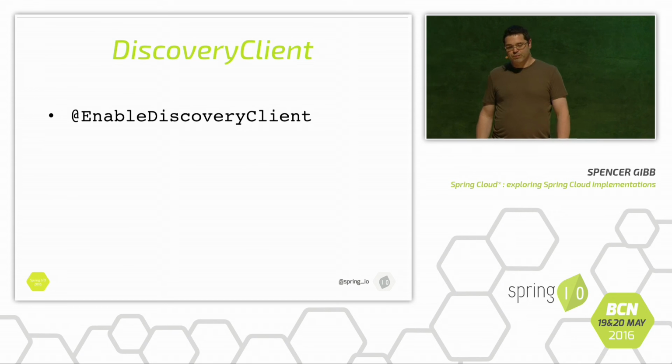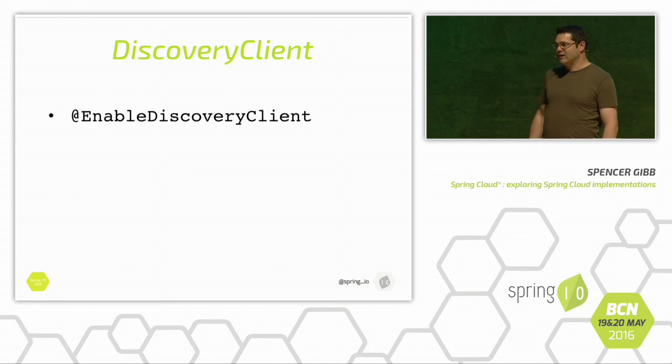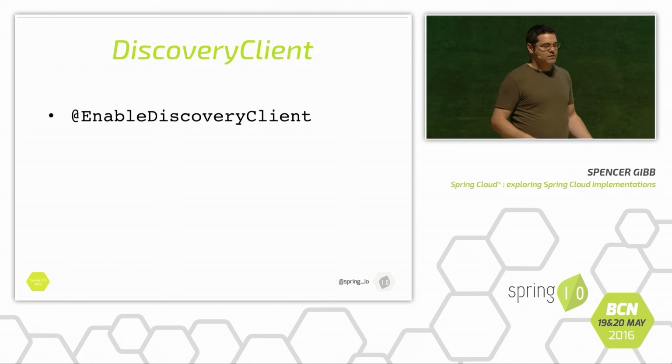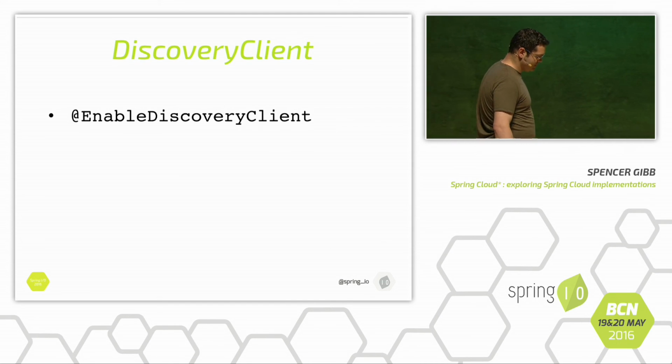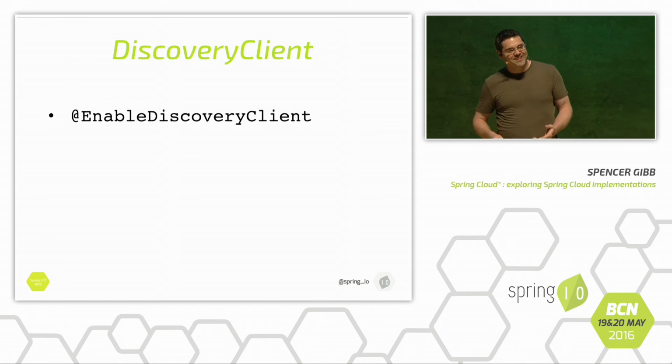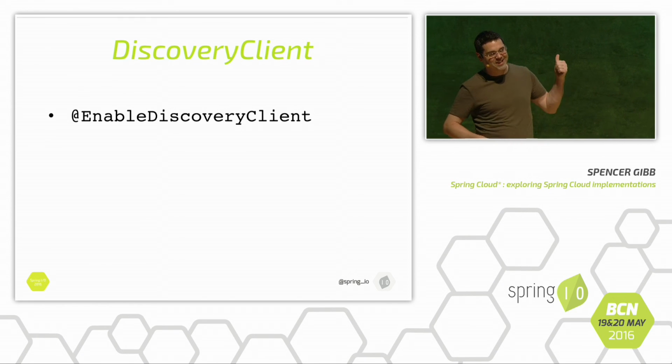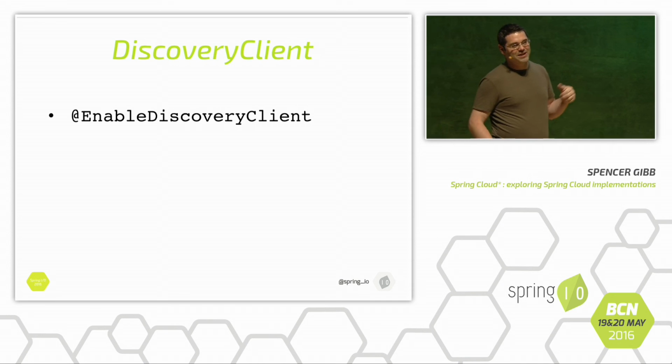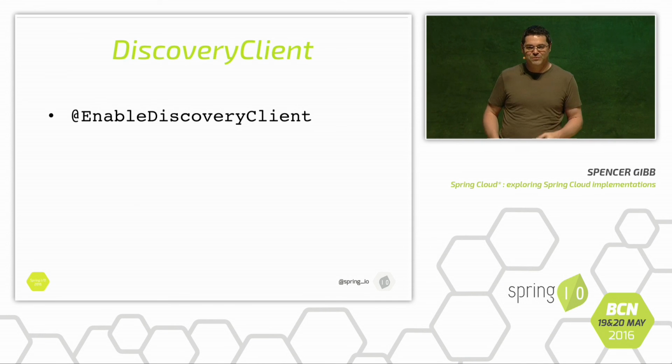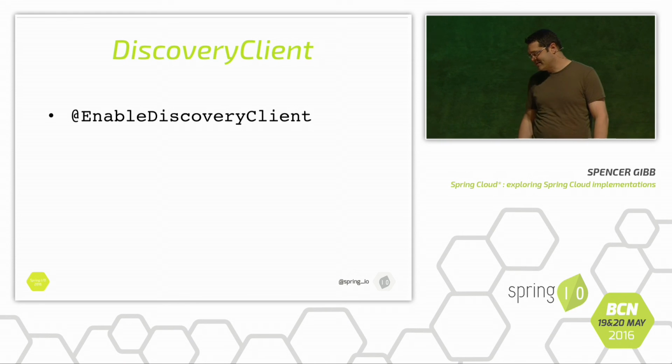So in Spring Cloud, we have a number of ways to interact with discovery services, a discovery server. This is like Phil said, we love annotations. We love them. So this is the annotation that you get to enable your service to register with a discovery service, @EnableDiscoveryClient.